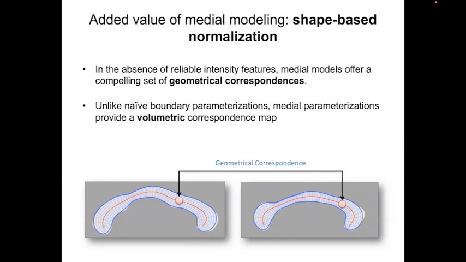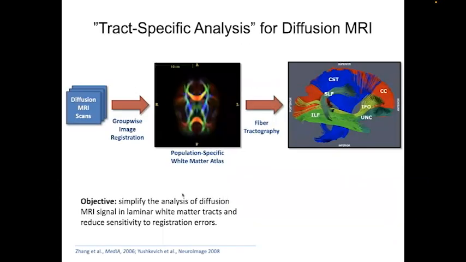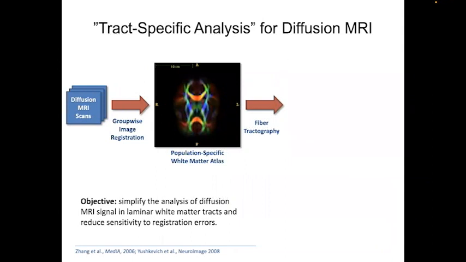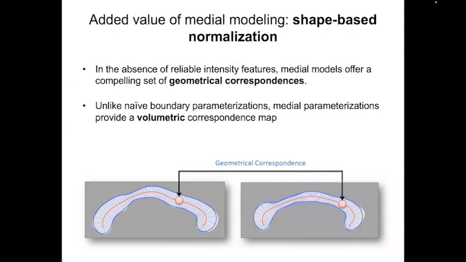So, go back to this white matter paper. We combined some of these ideas. What we did here, we took a bunch of diffusion MRI scans. We built a template, here using tensor properties.